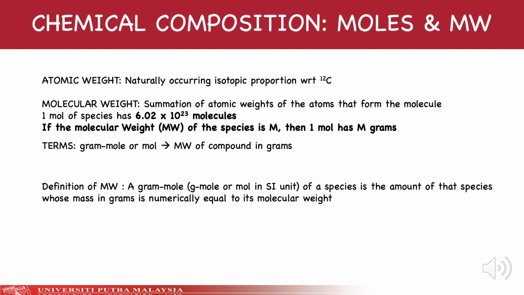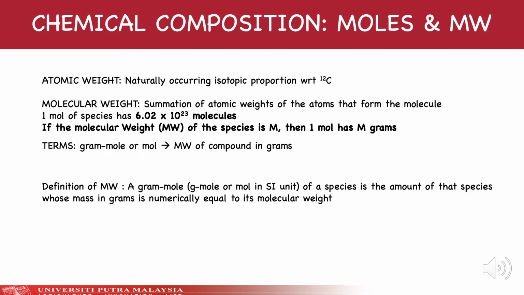The molecular weight of a molecule is a summation of the various atomic weights of the elements making up that molecule. So, for example, if the molecular weight of a species is m, then 1 mole has m grams.